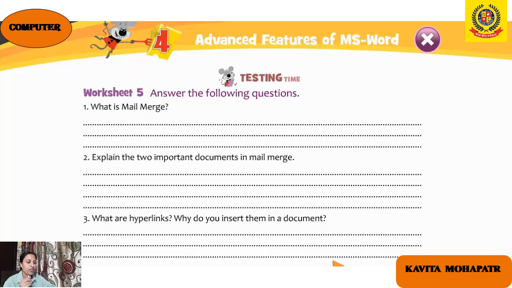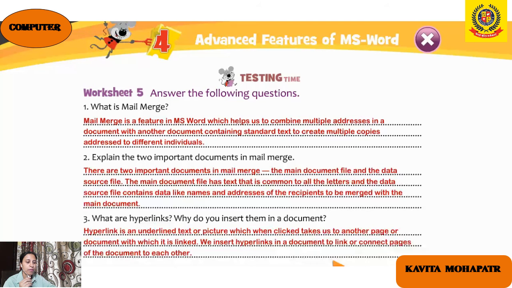So mail merge is a feature in MS Word which helps us to combine multiple addresses in a document with another document containing standard text to create multiple copies addressed to different individuals. Question number 2. Explain two important documents in mail merge.